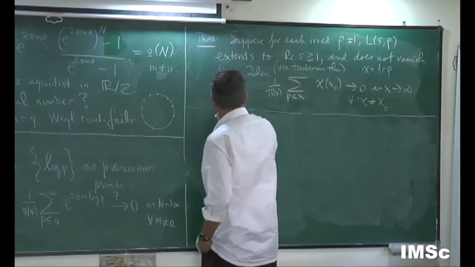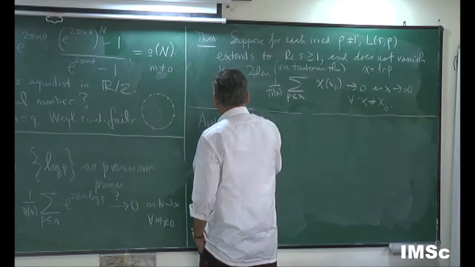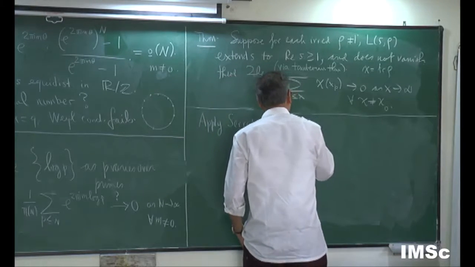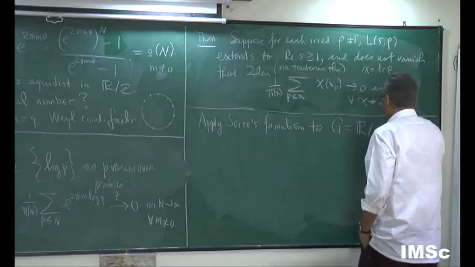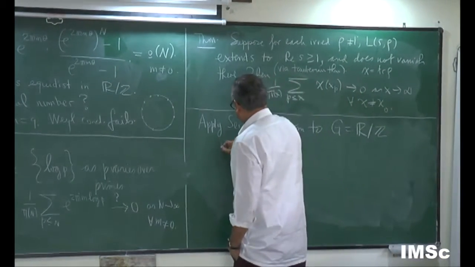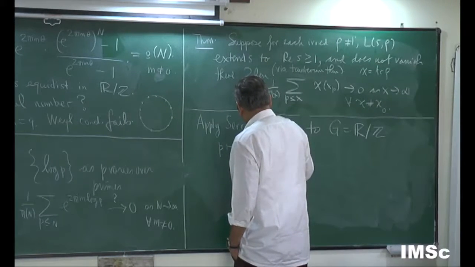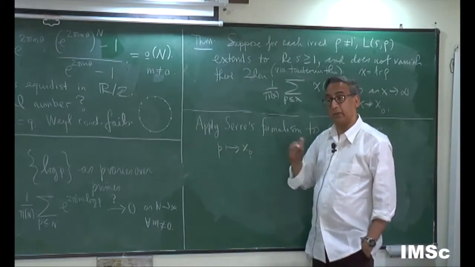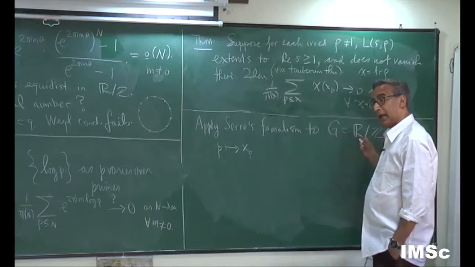The Weyl criterion: if I was to apply Sarnak's formalism to G equal to R mod Z, then I can look at the assignment p goes to x_p to study the distribution of this sequence by looking at the L functions associated to each irreducible character of this particular group.